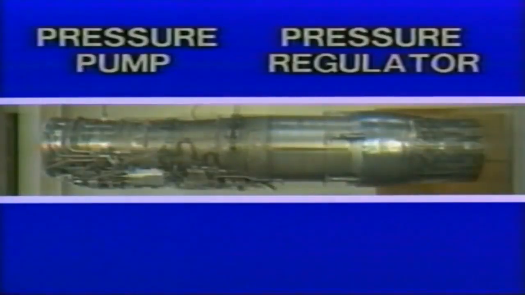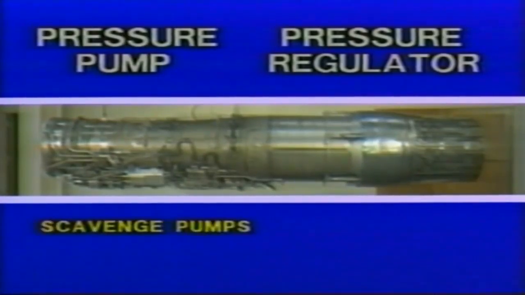But during this continuous operation, several other components in the system get into the act. A pressure pump and pressure regulator to ensure an adequate supply of oil at each lubrication point. Scavenge pumps, that's a good name for them. They grab the oil from each of the lube points after it's done its job and send it back to the supply tank.